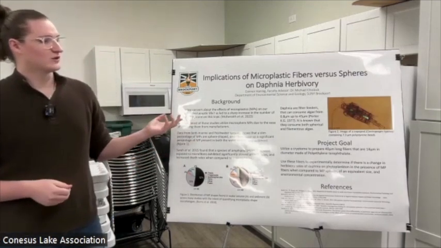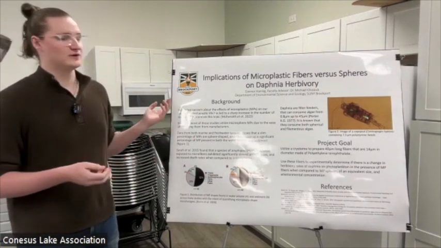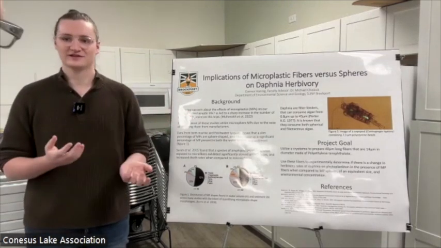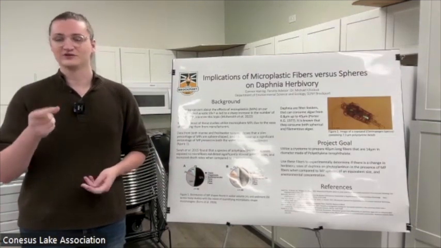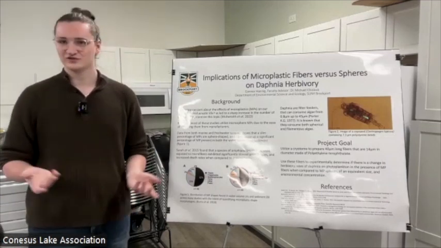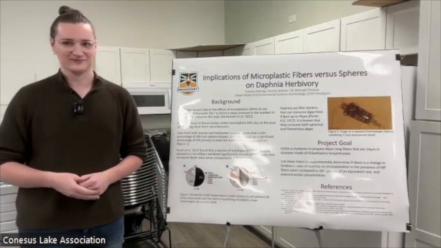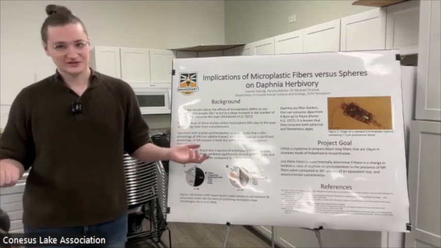So my question was, what is the difference between these two as far as the ecosystem effects for Daphnia, which are, again, little crustacean filter feeders in lakes. They hang out in the water column, swimming around, eating algae. When microplastics are present, they'll also filter that and eat it.